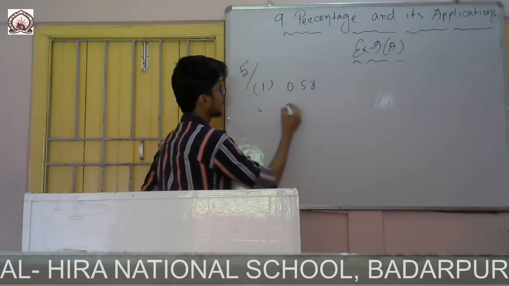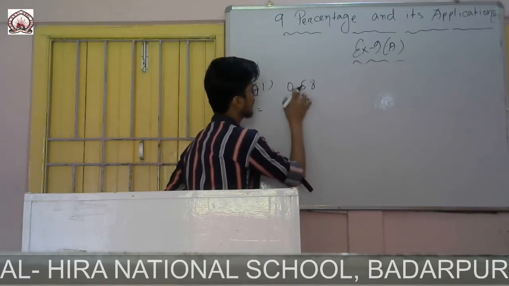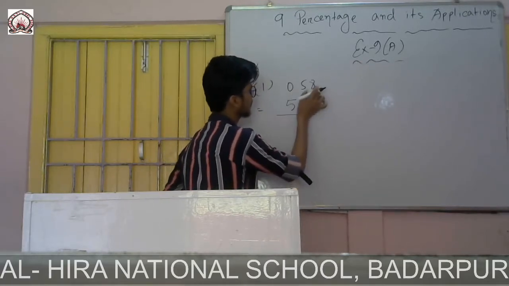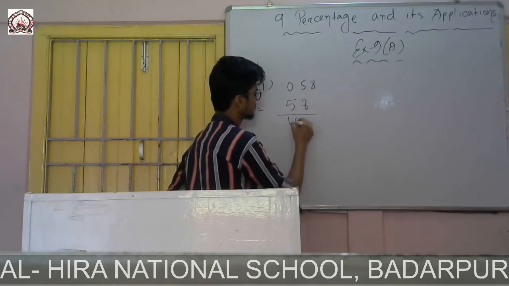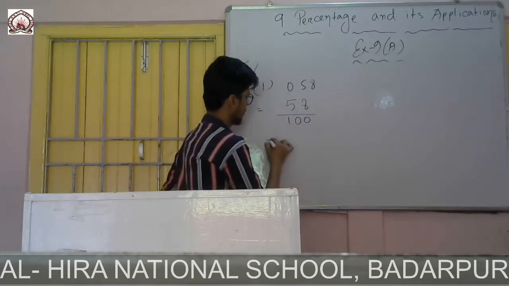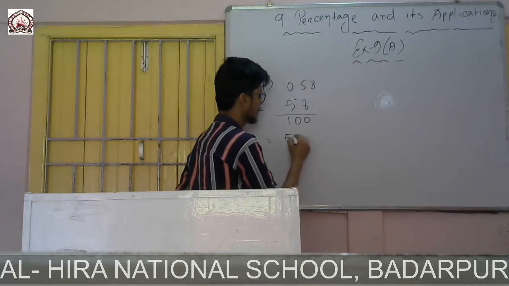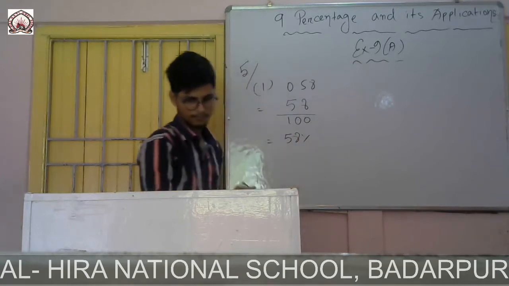I can write it as 58 by 100, because after the decimal point there are two digits, that means I will divide by 100, and it will be 58%.